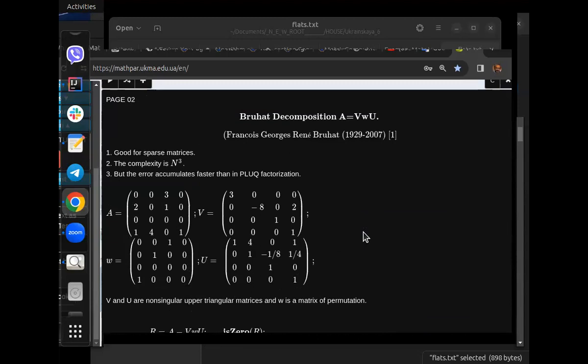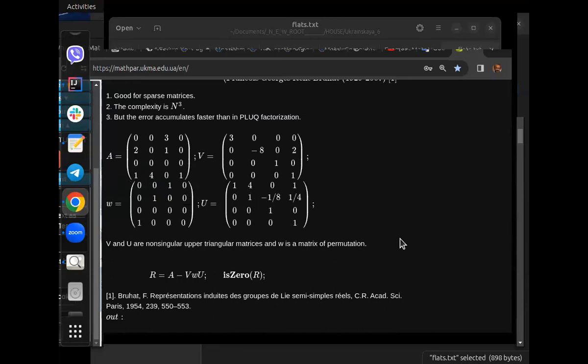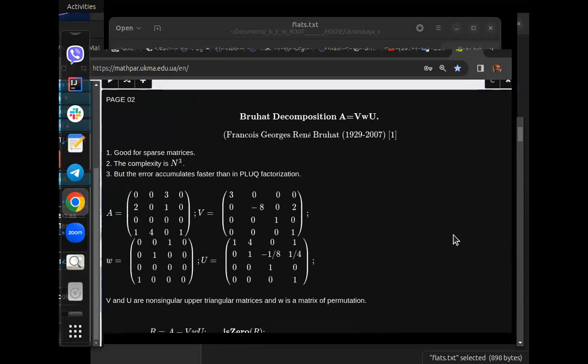Another variant is Bruhat decomposition. The first who used such a decomposition was Bruhat, in 1954. What is the difference? Here V and U are triangular matrices, and W is the permutation matrix. This is an example.